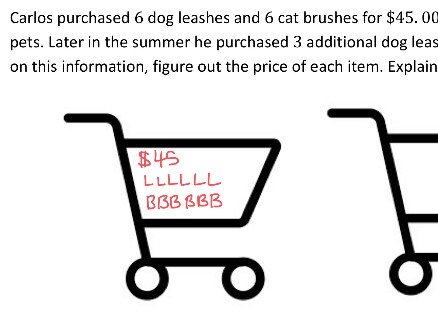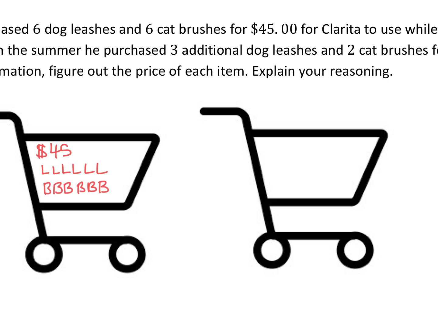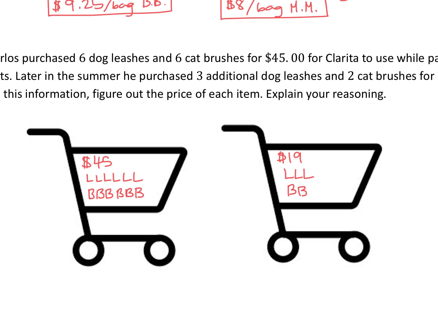And then later in the summer, he had to buy 3 more dog leashes. So in our second shopping cart, let's put 3 more dog leashes. And this time, just 2 cat brushes. And he spent $19 on that second purchase later in the summer.